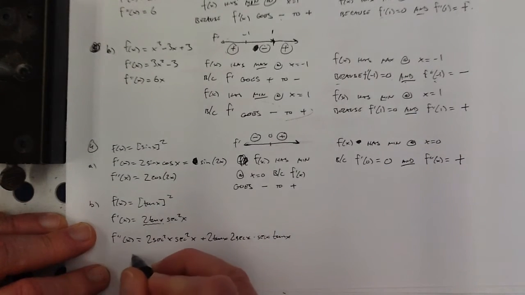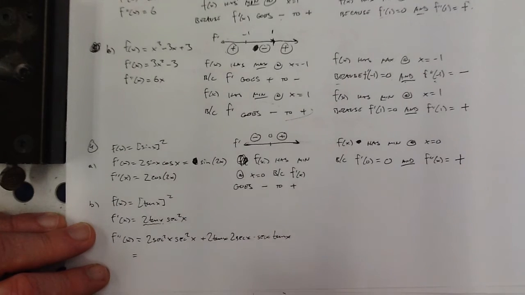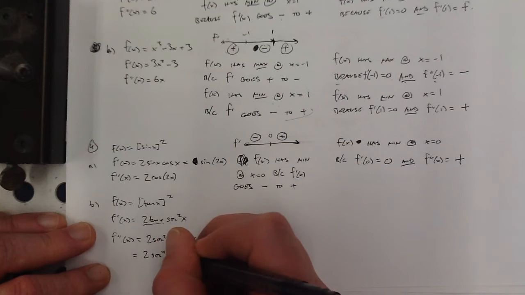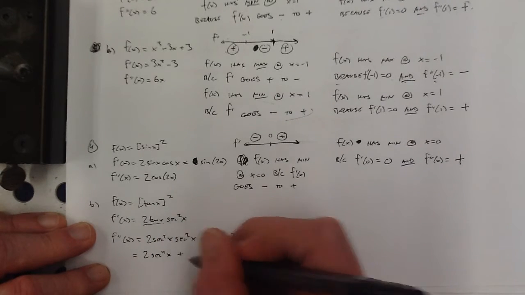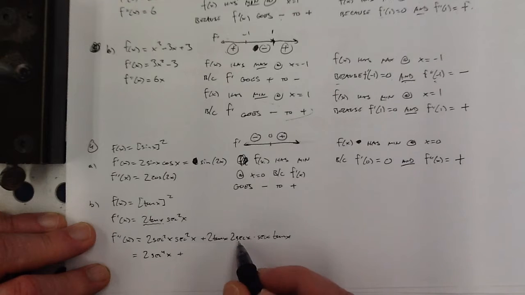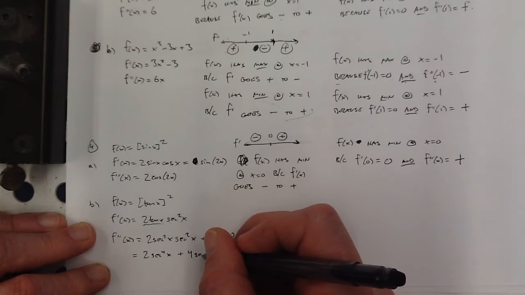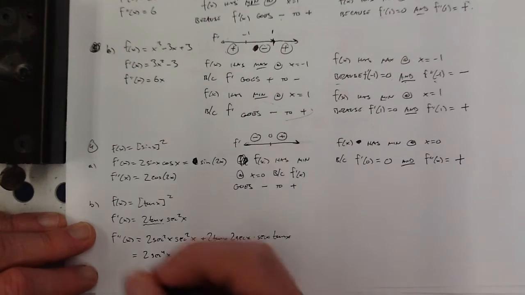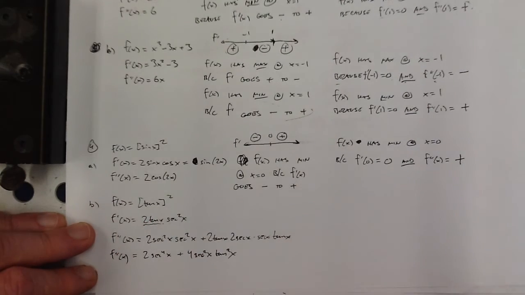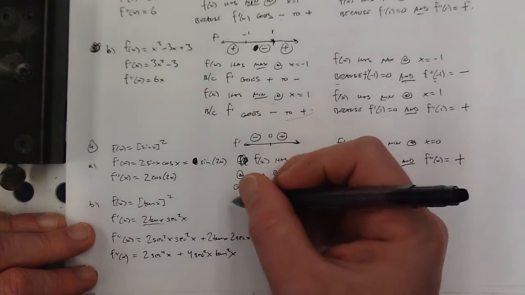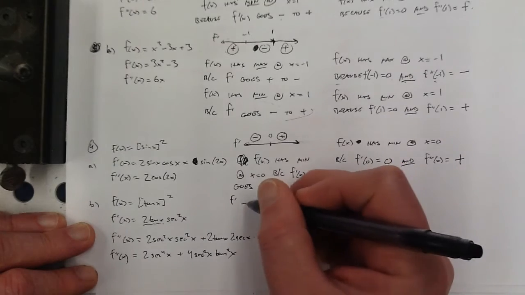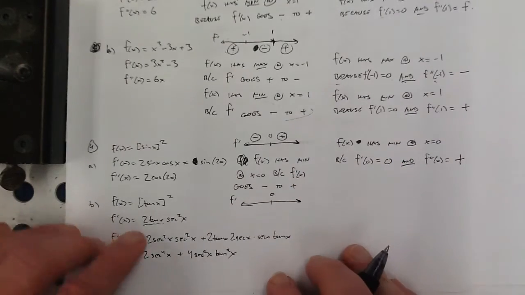You don't have to simplify things, but when you're going to do something with it, then it's often beneficial to do that. So that's 2 secant to the fourth x plus 4 secant squared tangent squared. I think I'm okay there. That was fun. So how about a sign chart at 0?